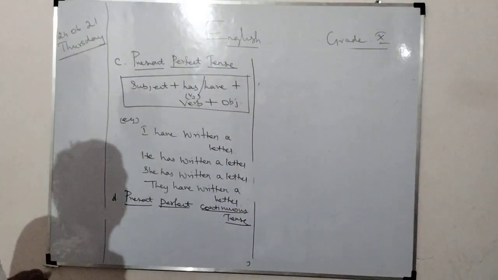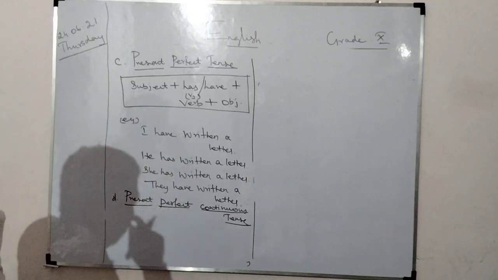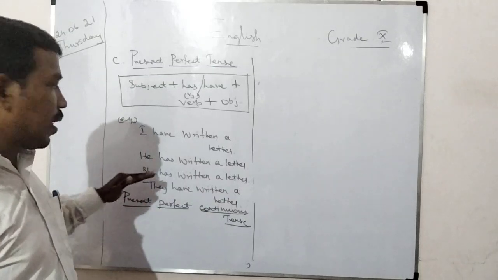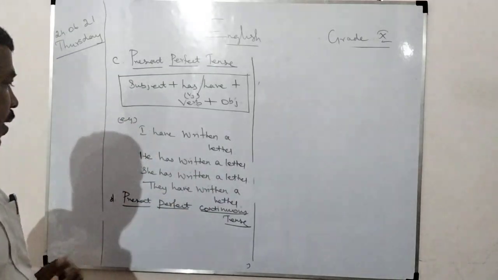Write it fast: I have written a letter. He has written a letter. She has written a letter. They have written a letter.